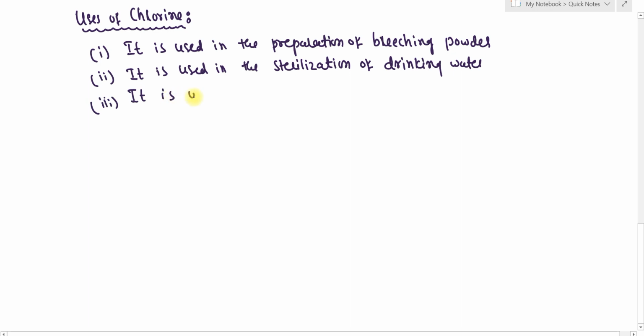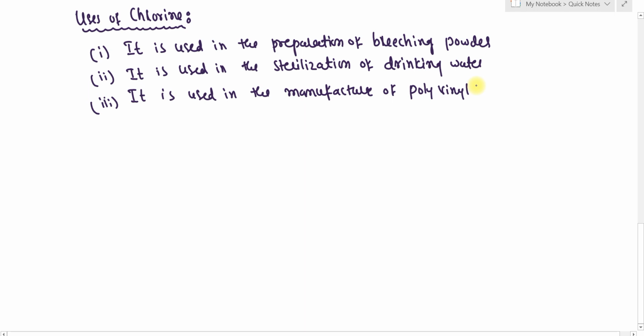Good, very good. Polyvinyl chloride is nothing but PVC. PVC is a plastic type of polymer. From this PVC polymer we get pipes, PVC pipes. In the examination they are going to ask you to expand PVC. So chlorine gas is mainly used in the manufacture of polyvinyl chloride.